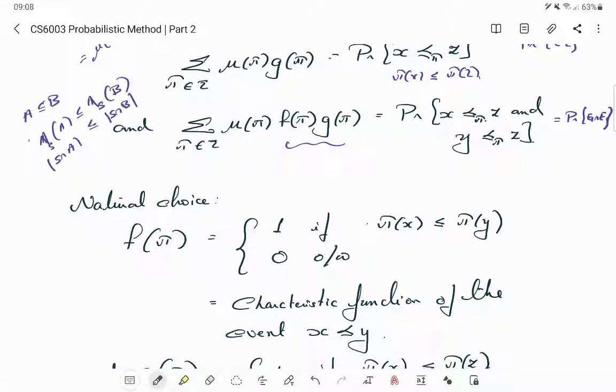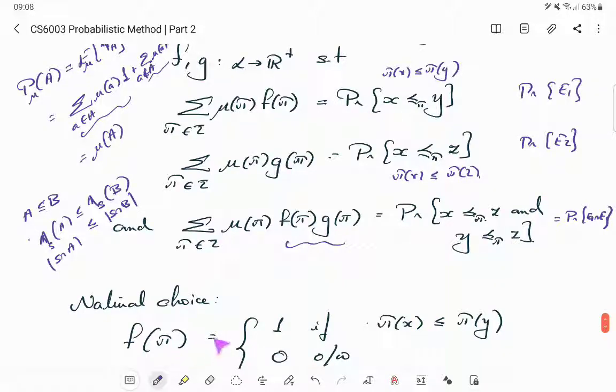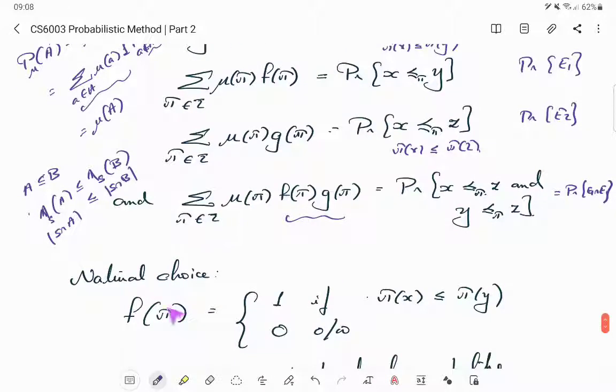So for example, this is the natural choice. We are only giving non-zero probability measure to those functions which respect p. But this is an additional constraint. We set f to be the characteristic function of those functions which, in addition to respecting p, also satisfy this inequality that pi of x is less than or equal to pi of y.